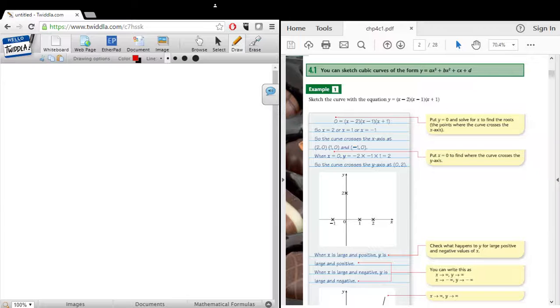So let's do example 1. We have y equals x minus 2, then x minus 1, and x plus 1. Off the bat, step 1 is done as follows.